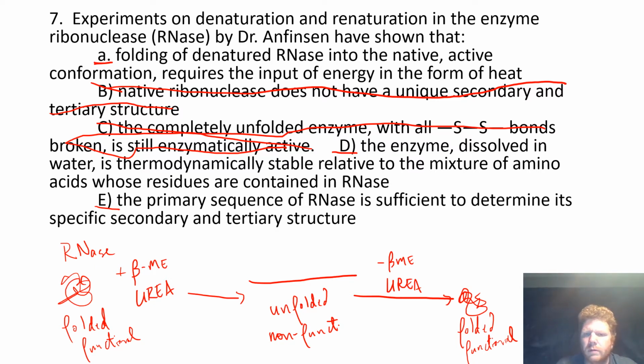Well, Dr. Anfinsen produced a primary structure. He produced an unfolded non-functional protein and refolded it into its specific secondary and tertiary structure. So we don't even really have to address answer options A and D again, just because E is such a good answer option. So I'm just going to circle E as my best answer option for that.